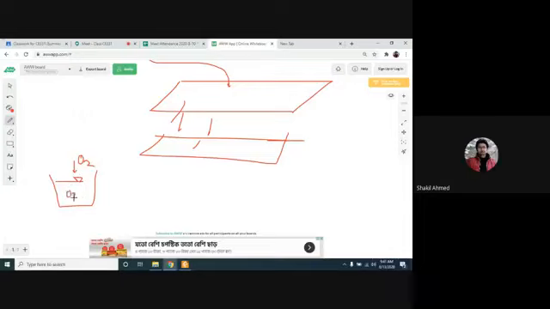Remember, you have oxygen here, and you have carbon dioxide also here. When you perform aeration, more and more oxygen is getting into the water, and it will drive out carbon dioxide. More and more oxygen will get in and drive out carbon dioxide.